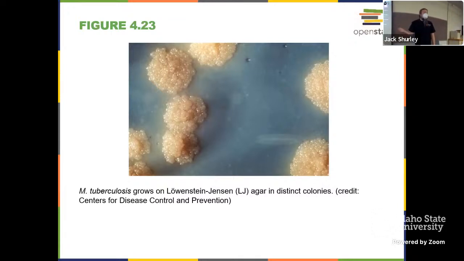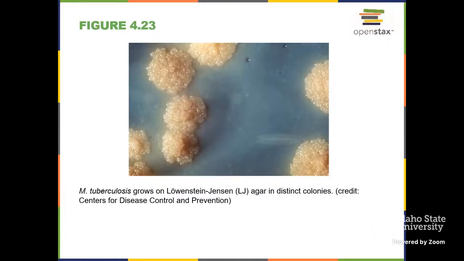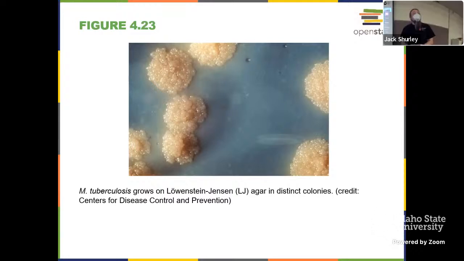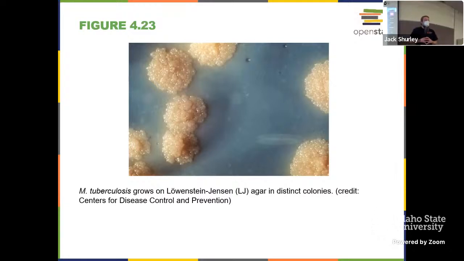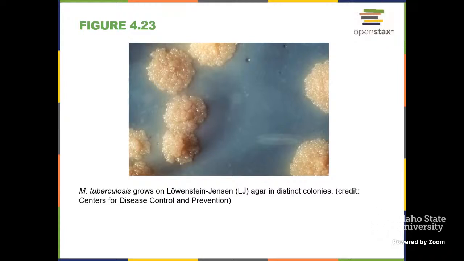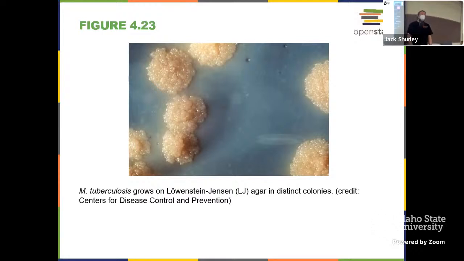Tuberculosis is really kind of an oddball when we think about trying to grow these organisms in a lab, right? It is super hard to get it to grow, and it takes a long time to get colonies on these plates, all right?